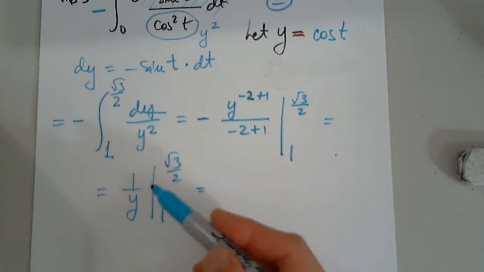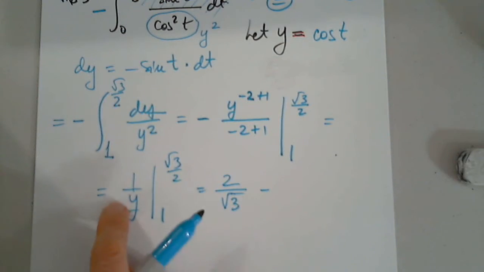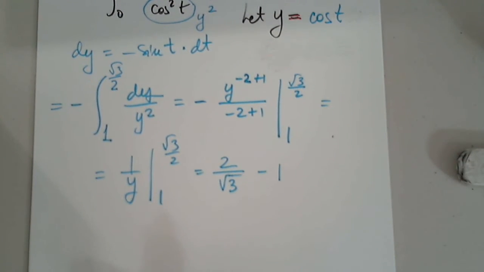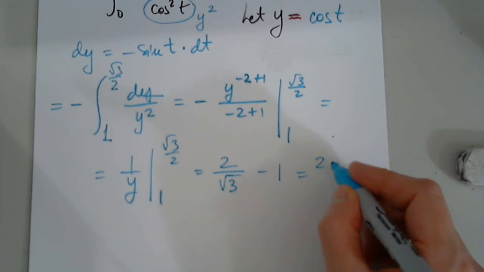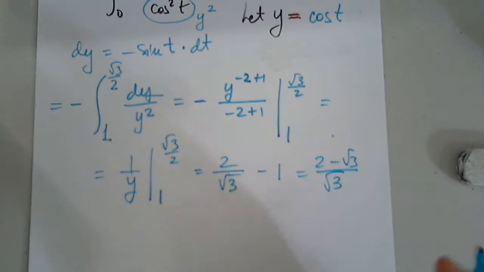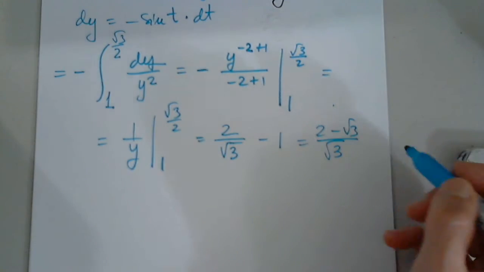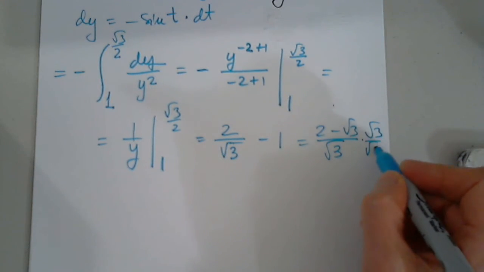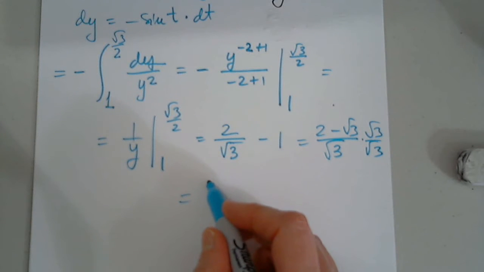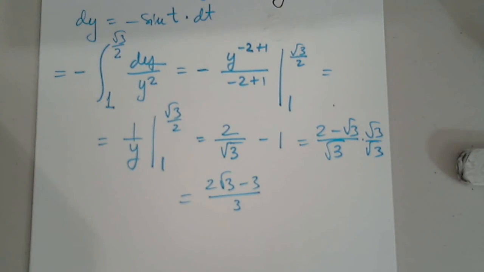We plug in the square root of 3 over 2 and flip it: 2 over the square root of 3 minus 1. You can write it as 2 minus the square root of 3 over the square root of 3, or rationalize. It's up to you. So this is good, or just rationalize, and you have 2 square root of 3 minus 3 over 3.